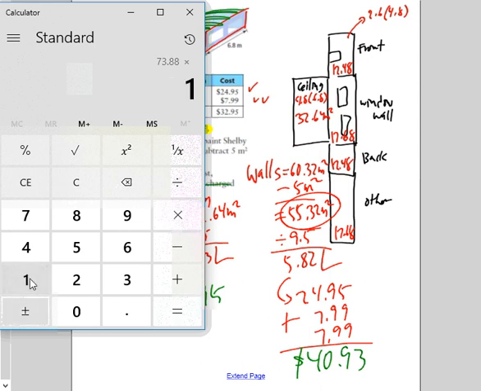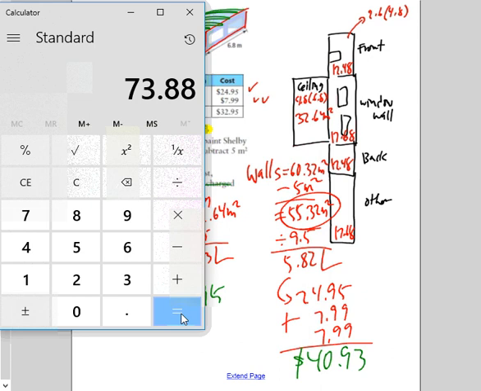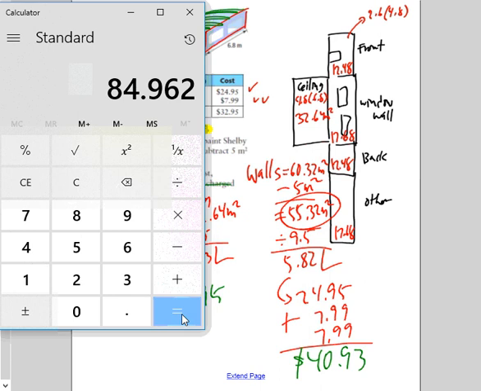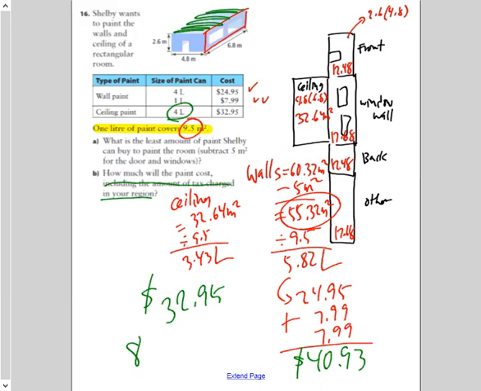What happens? Same answer. What's sales tax in Prince Edward Island? So if I multiply by 1, that's the cost of the paint, and 0.15 is 15%. So that 1 represents the cost of the paint, and 0.15 represents the tax. Press the equals button. Your final total is $84.96 with tax.